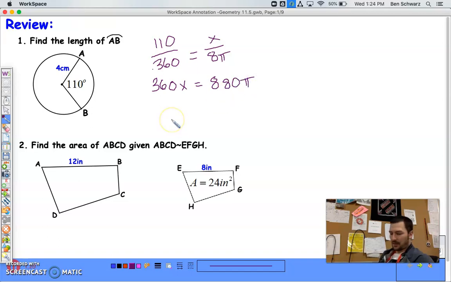Then we divide that by 360. And we're going to get a length of 7.7. And we're in centimeters.